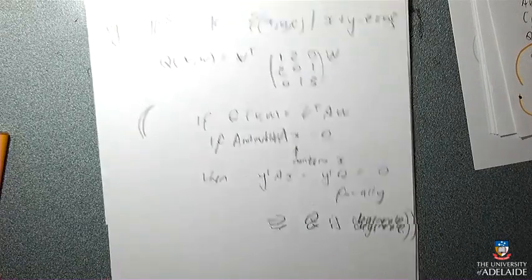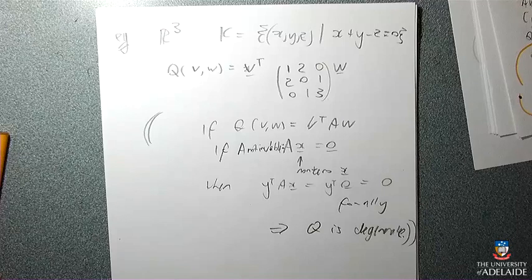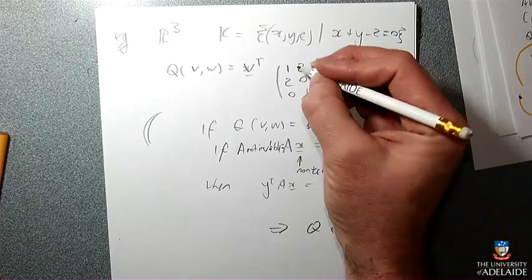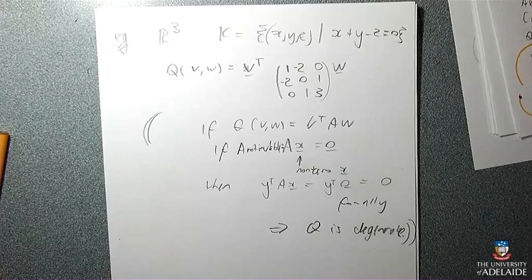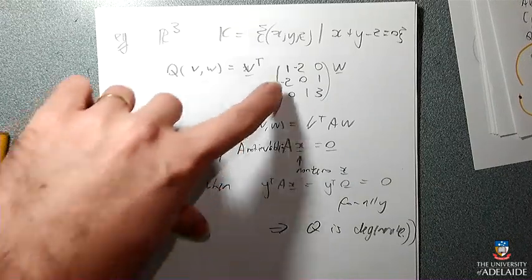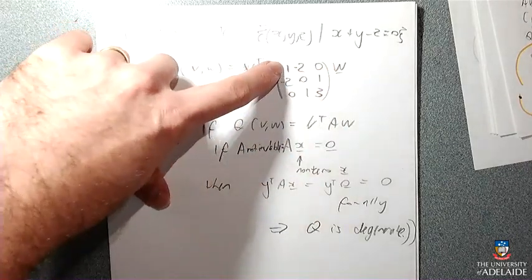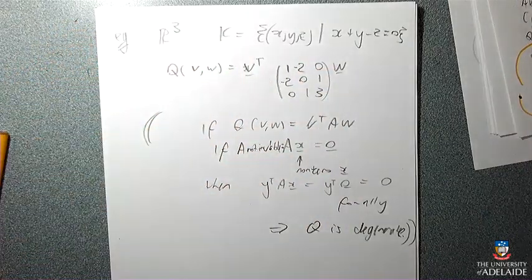Okay. I think I'm going to need to put minuses here, because I think a positive definite matrix has to have the determinant of each major slice being positive.